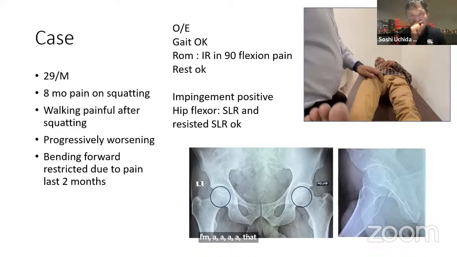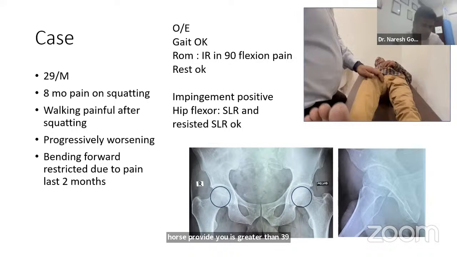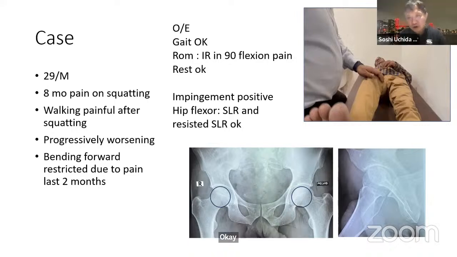The predictors of irreparable labrum are lateral center edge angle greater than 38 degrees, anterior center edge angle, we also call it VCA angle, in the false profile view greater than 39 degrees, and age older than 42 years old.